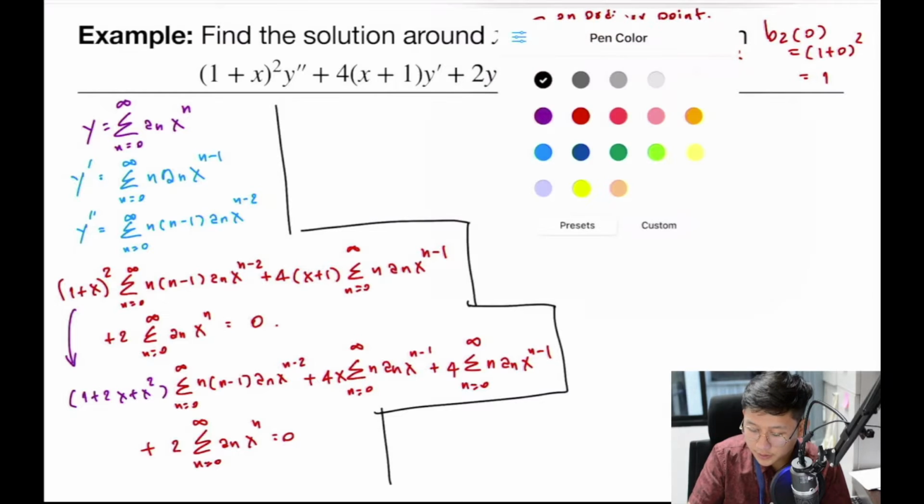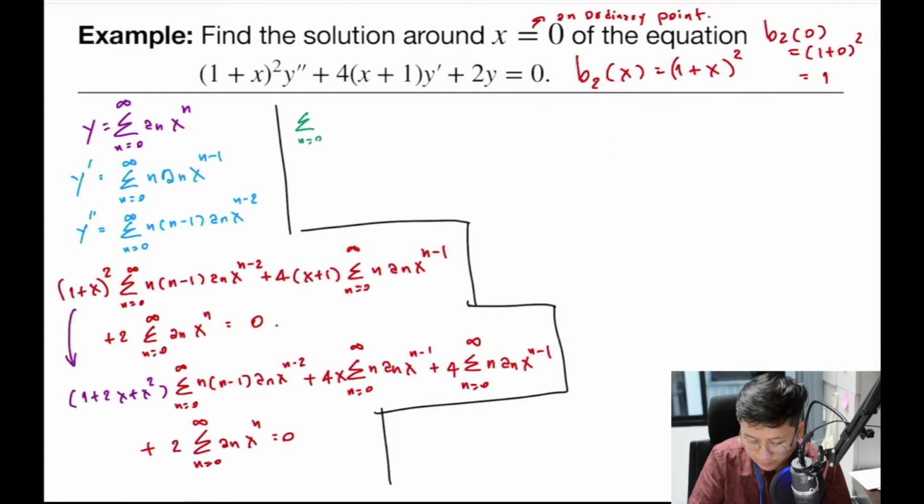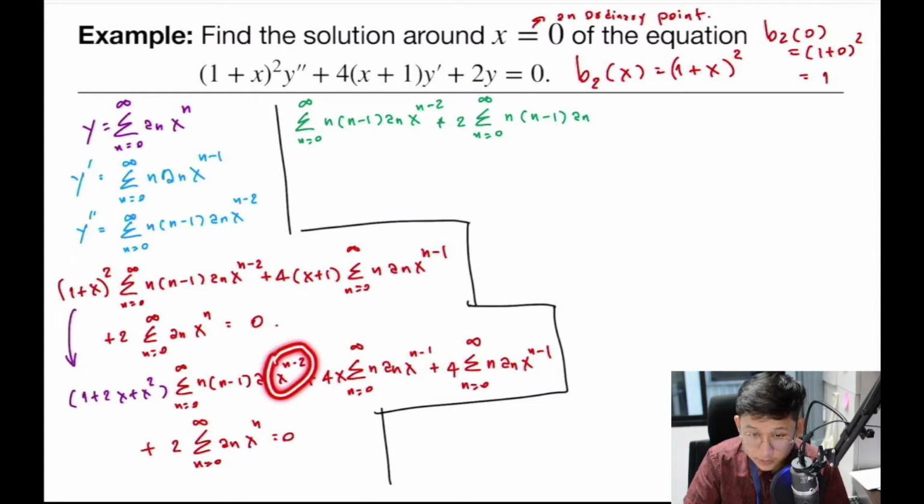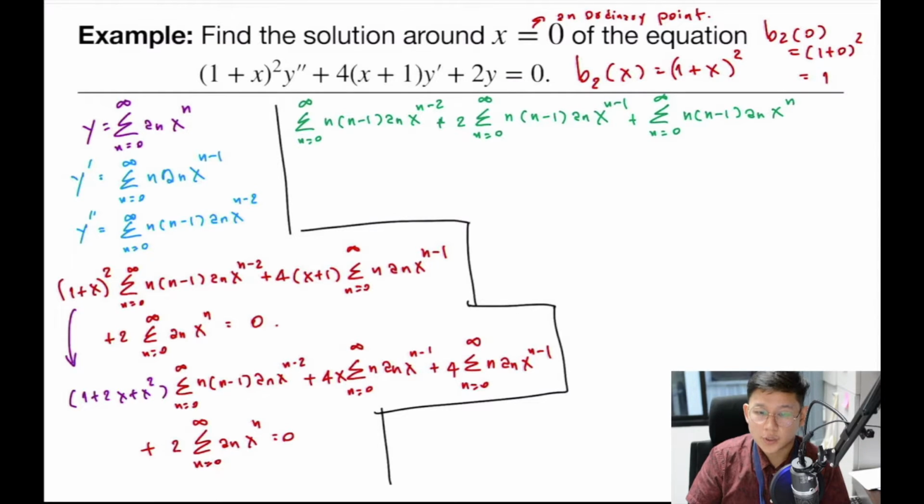The first term would be summation n from 0 to infinity n(n minus 1) a_n x to the n minus 2, plus 2 summation n from 0 to infinity n(n minus 1) a_n, and then we have x to the n minus 2 times x, so that will be x to the n minus 1, and then we have plus summation n from 0 to infinity n(n minus 1) a_n x to the n.